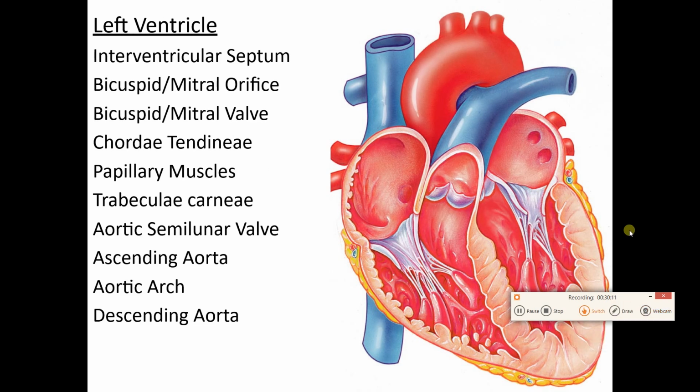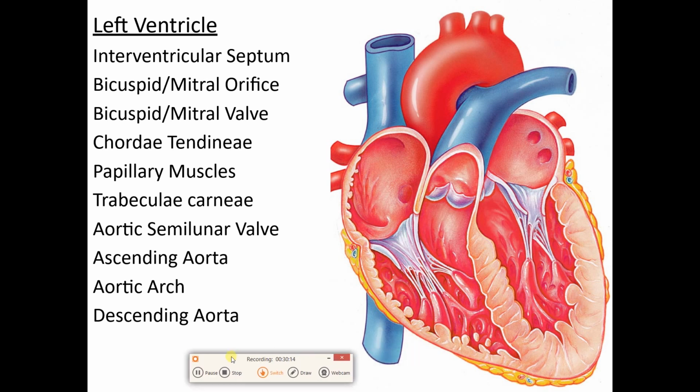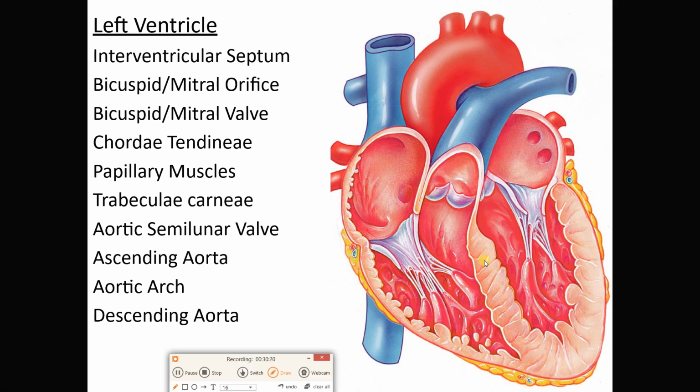Let's drop down into the left ventricle, and we're going to meet a lot of things we've met already. There's my interventricular septum right here, which prevents the mixing of blood between the two ventricles. Here is my bicuspid or mitral orifice, and here are my valve flaps for my bicuspid or mitral valve.